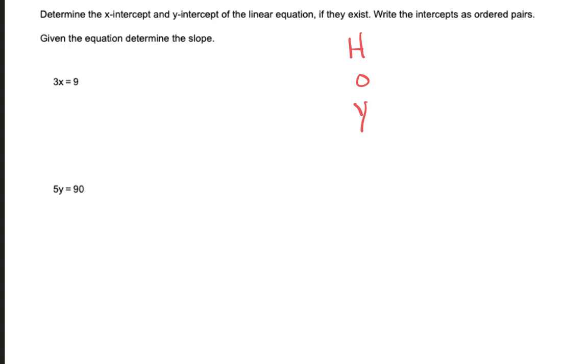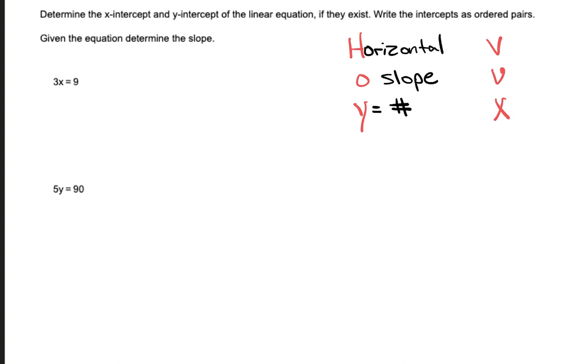Hoy, okay, and Vux. All right. I didn't mean to write that in red, but we'll do it. Okay, so Hoy: if you have a horizontal line, that means 0 is your slope. And for a horizontal line, the equation is in the form of y equals some number.